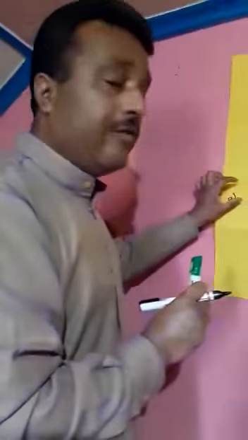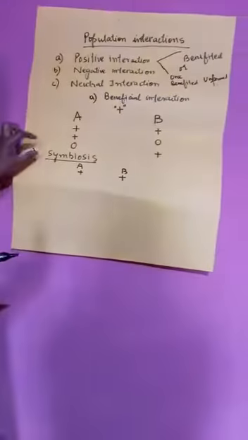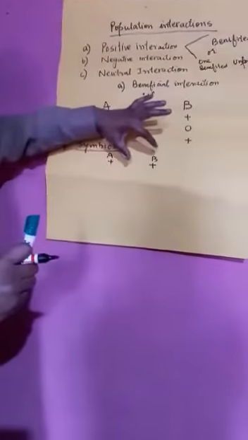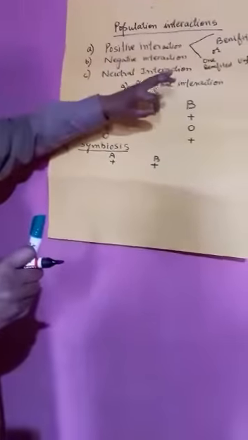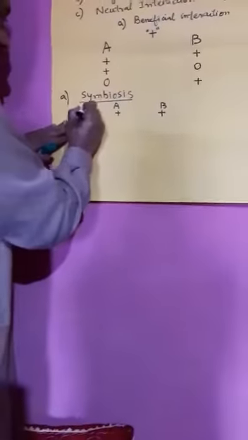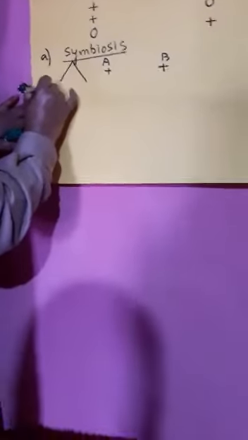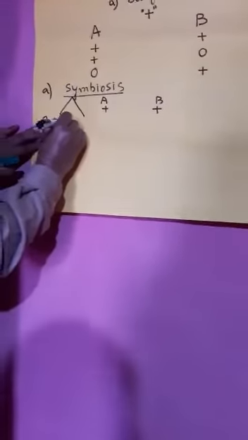So here there is a close association between two different species for their survival. Now, this symbiosis can be categorized into two categories. First one is called proto-cooperation, and the second one is called mutualism. In symbiosis, both the species are benefited, and there is a close association between the two different species.